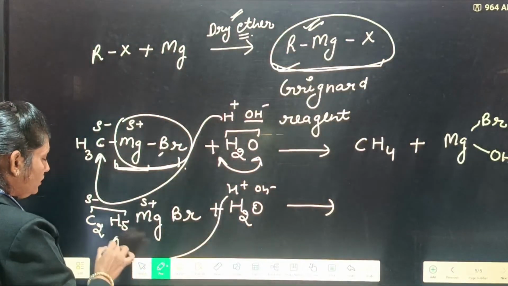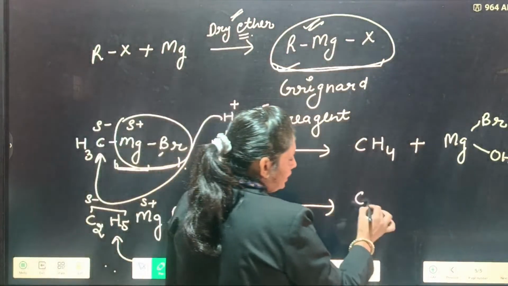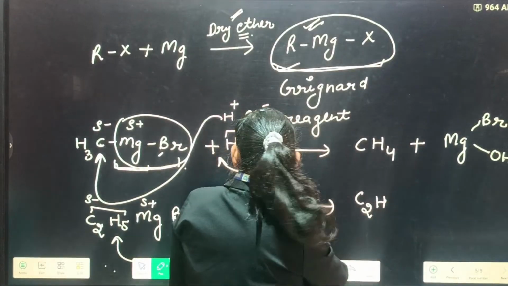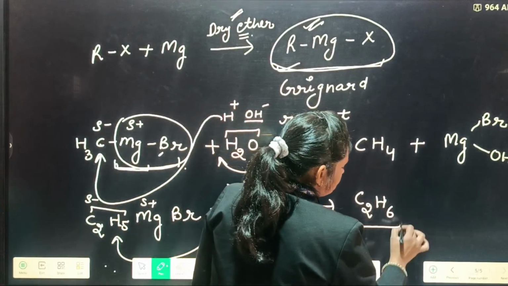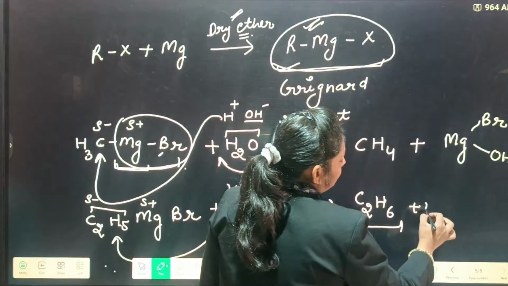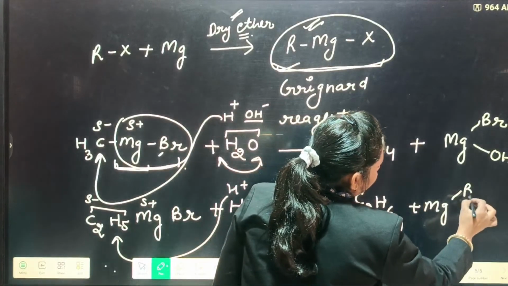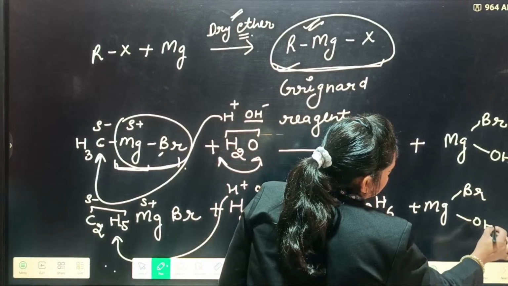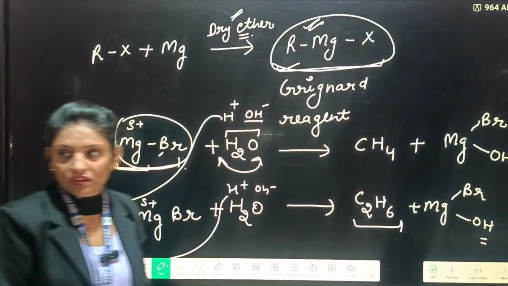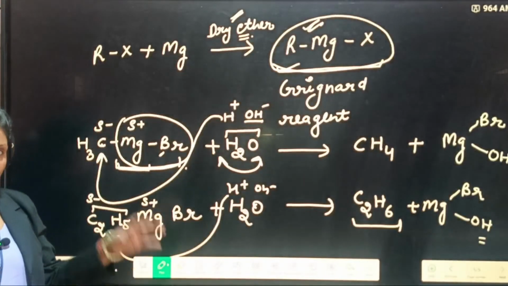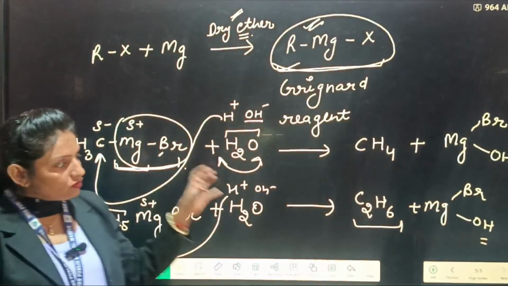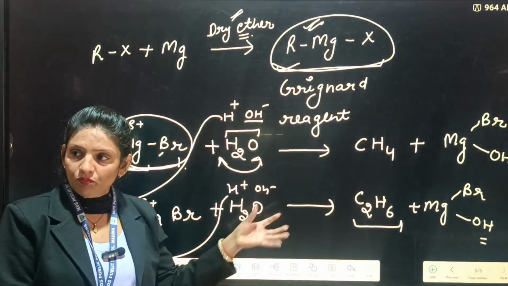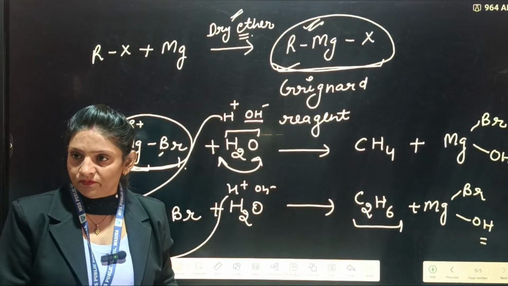Positive goes with negative: C2H5 negative plus 1 H, so C2H6, plus MgBr and OH. You need not learn this, just try to understand the method, beta. Simply you can write the product.